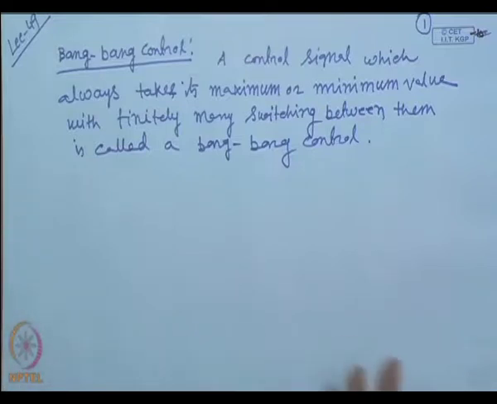So, the two states, maximum and minimum, are there for controlling: either you switch on plus 1 or you switch on minus 1, and this control action will drive the state from the initial state x of t is equal to 0 to the final state x of t f is equal to 0, at the origin, in minimum time t f.